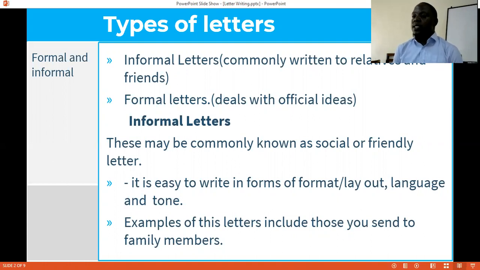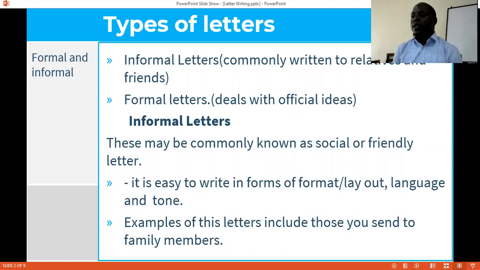They are more serious in terms of punctuation and all other aspects under letter writing. However, today our interest is under informal letters. We will start with informal letters. What are they? How are they written? What form of language is used? All that we shall cover under this topic.